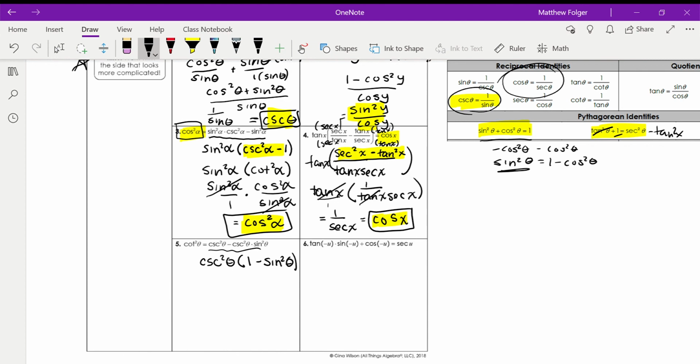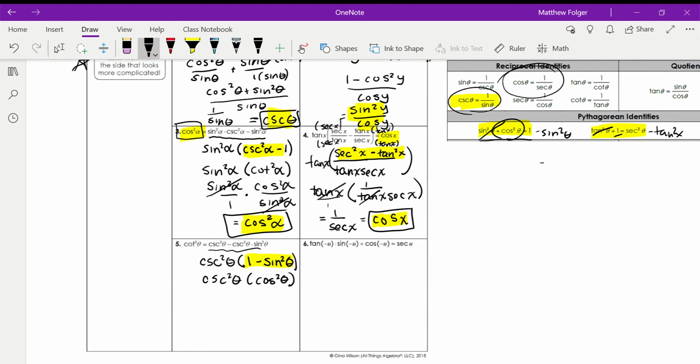What is 1 minus sine squared theta? That's right. That's an identity. And that is this first identity, except we just need to solve it. So it says 1 minus sine squared theta. So 1 minus sine squared theta is cosine squared theta. So we have cosecant squared theta times cosine squared theta.